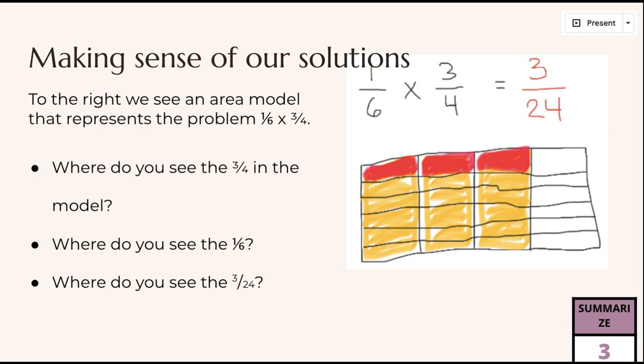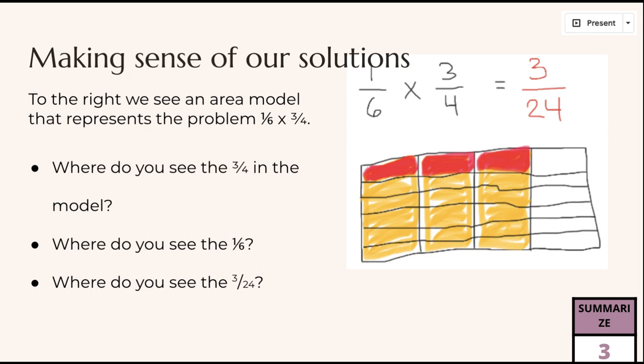And the 1/6 is represented in the red. If you look, we have 6 rows that were created: 1, 2, 3, 4, 5, 6, and 1 out of 6 of those rows were shaded.